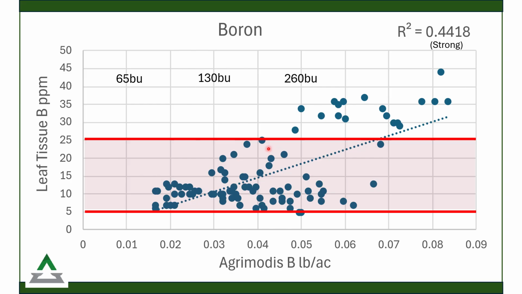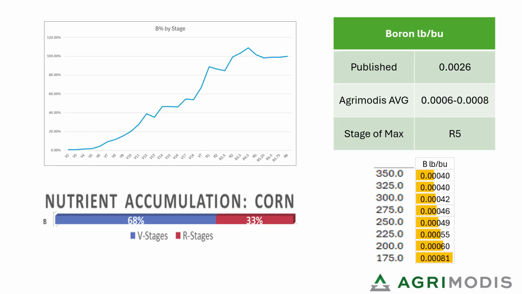But if you get down into this cluster, you can misinterpret an awful lot of that data. In most production corn, you don't know whether 5 ppm is good or bad, because we have plenty of examples of both. So you've got to be careful when utilizing leaf tissue for boron. You don't necessarily know you've got the right answer.